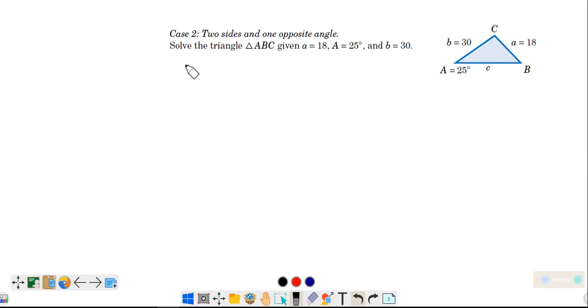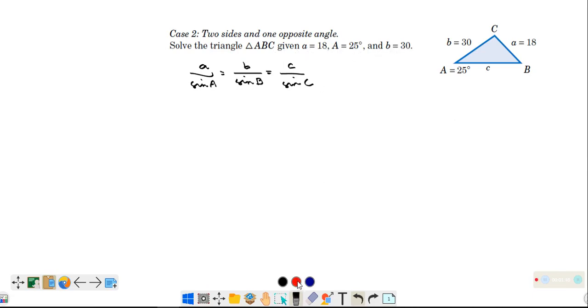So, if you still recall, we have side A over sine angle A is equal to side B over sine angle B, which is equal to side C over sine angle C. So, yung ratios ng side to sine of their opposite angle are equal. So, let's substitute the values that we have.